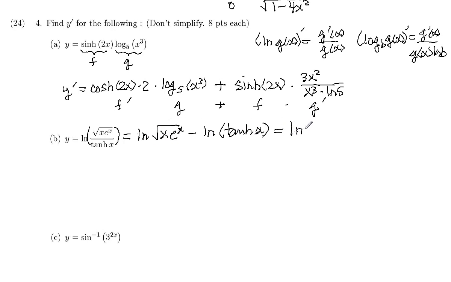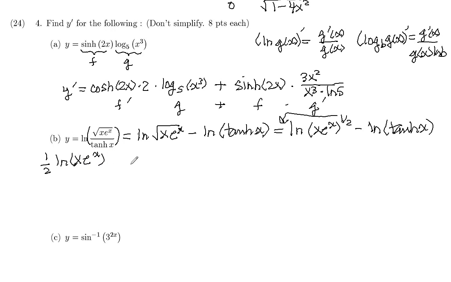So this is natural log of x e to the x with a 1/2 power on it, minus the log of that hyperbolic tangent. And this 1/2 will come down in front. So we're still just simplifying here. This is 1/2 natural log of x e to the x, minus natural log of hyperbolic tangent.